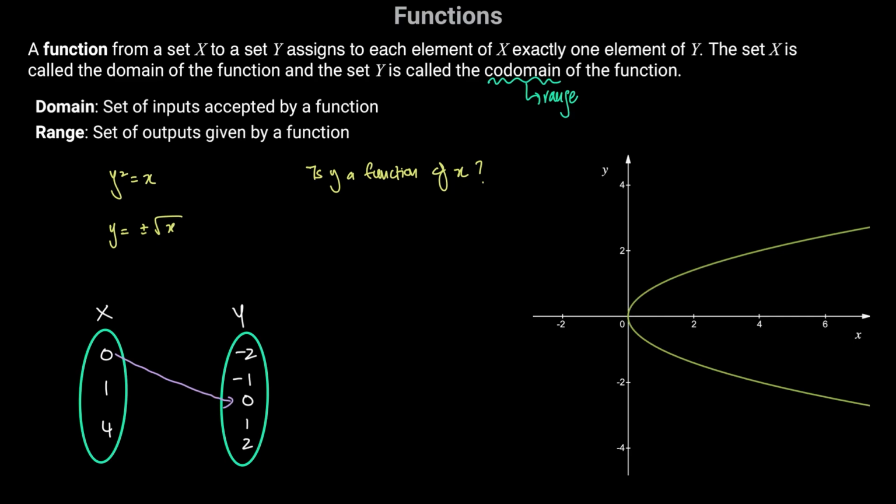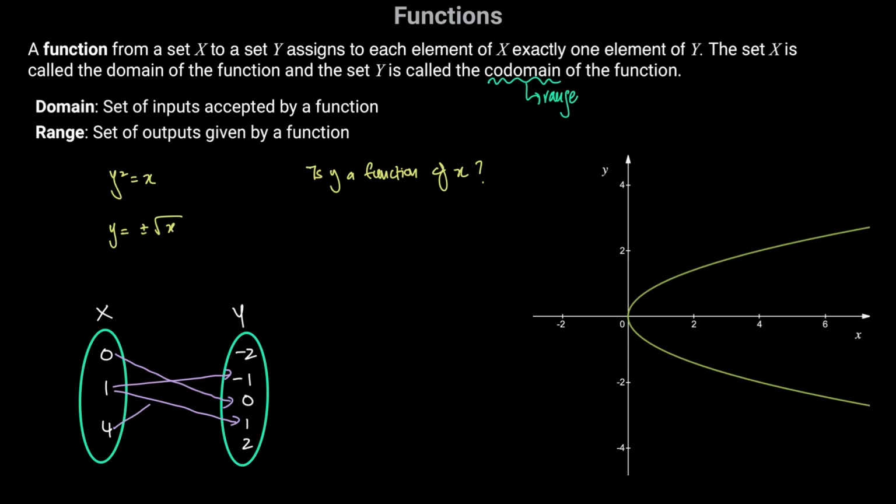Now if the input x was 1, then y could be the positive square root of 1, or it could be the negative square root of 1. In other words, y could be positive 1, or it could be negative 1. Similarly, if x was equal to 4, then y could be the positive square root of 4, that's positive 2, or y could be the negative square root of 4, that is negative 2.